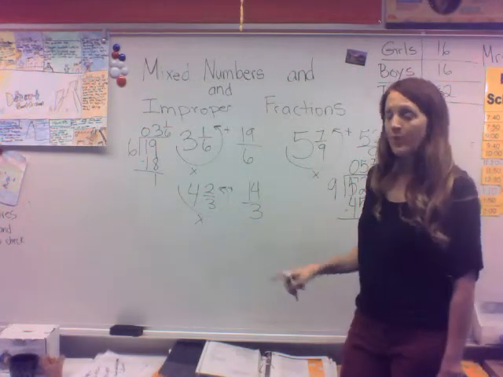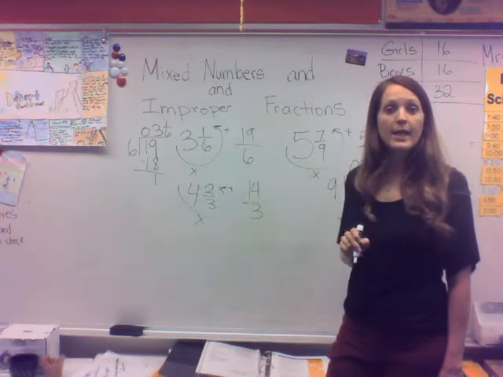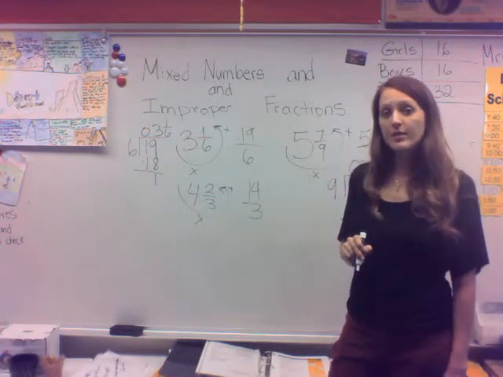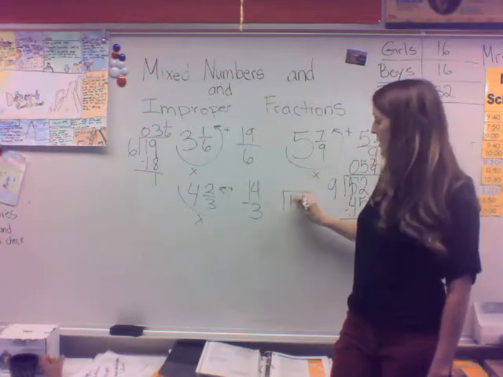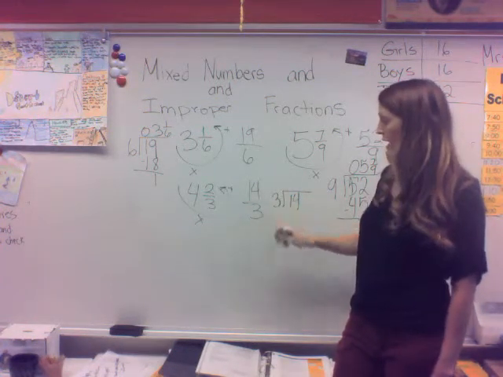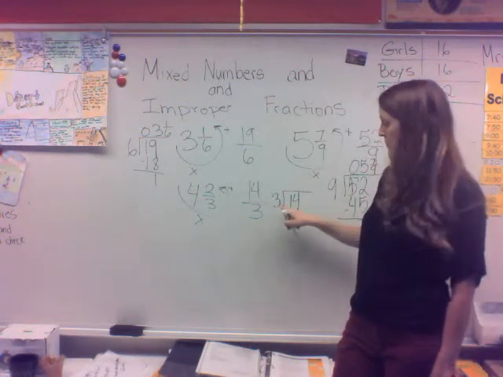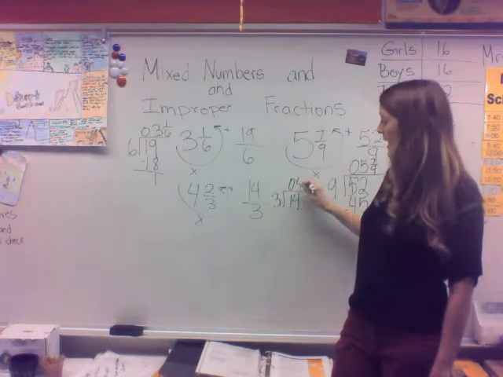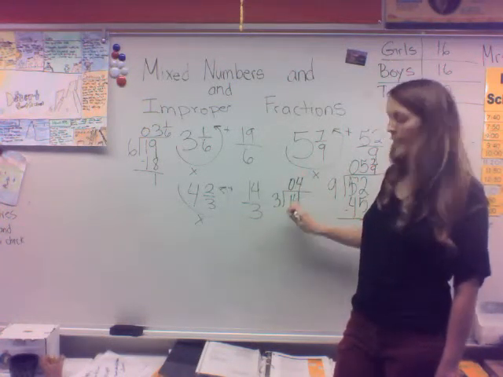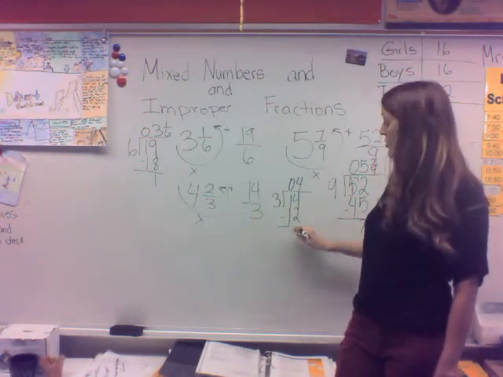Let's try this one. When I am given an improper fraction and I want to make it into a mixed number, what do I do? I divide. Who goes inside? The 14. The 3 goes on the outside. My king goes inside. My peasant stays on the outside. 3 goes into 1 0 times. 3 goes into 14 4 times. 4 times 3 is 12. 14 minus 12 is 2.